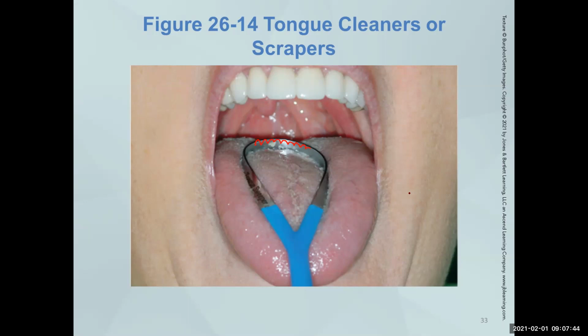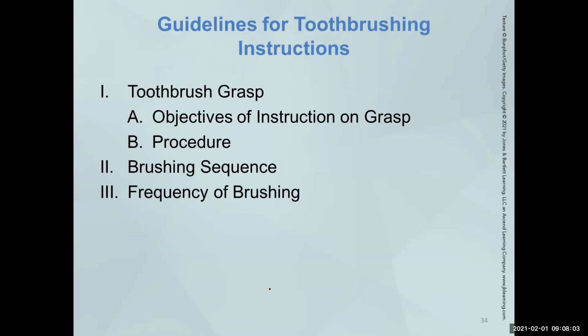So if you've got a gagger that can't clean their tongue effectively, a tongue scraper might work for them. Also, the gag reflex is less at night, so maybe they could do their tongue scraping at nighttime versus first thing in the morning. Lots of different tongue scrapers.